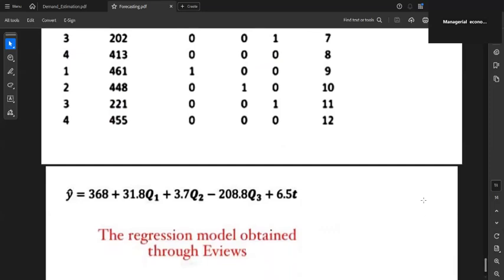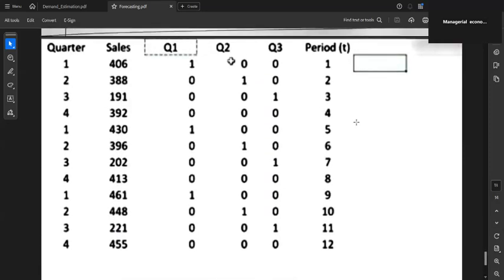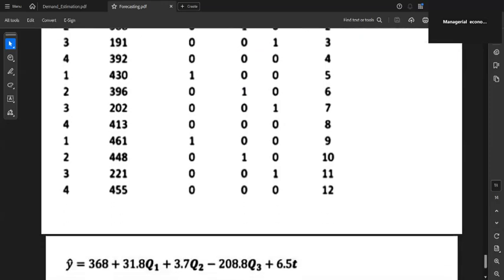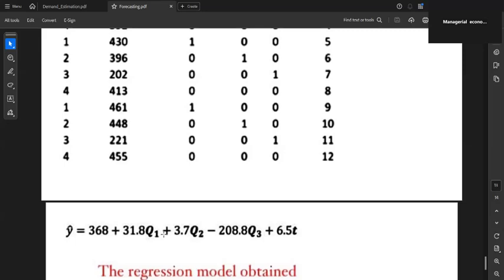After running the regression model for this data set, we can estimate the regression function. The regression function is like this. Here, this is the impact of quarter 1, the seasonal component.